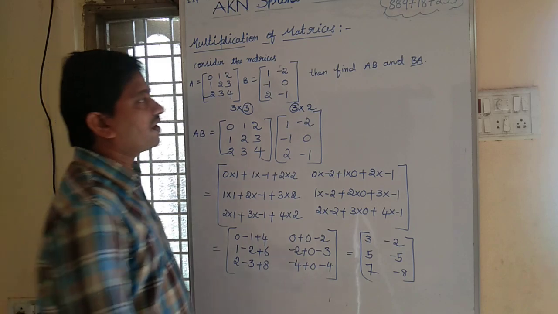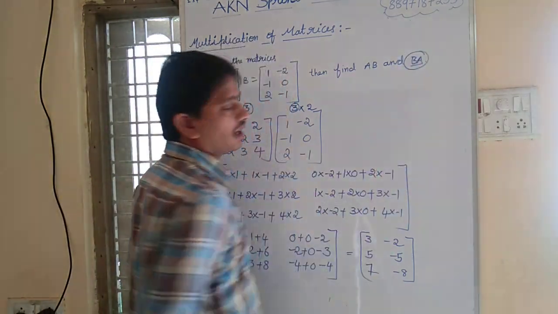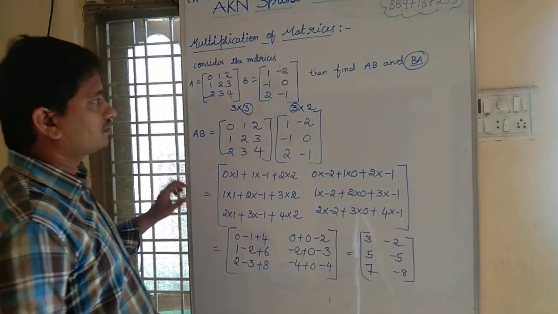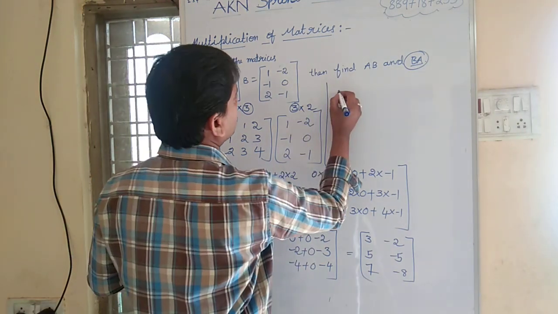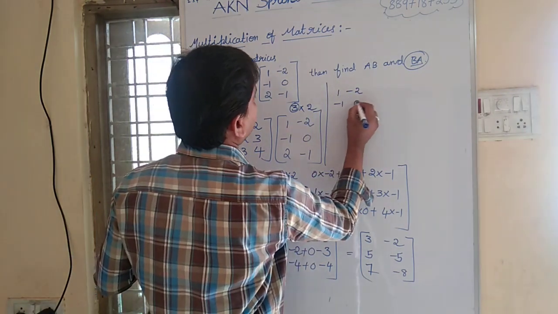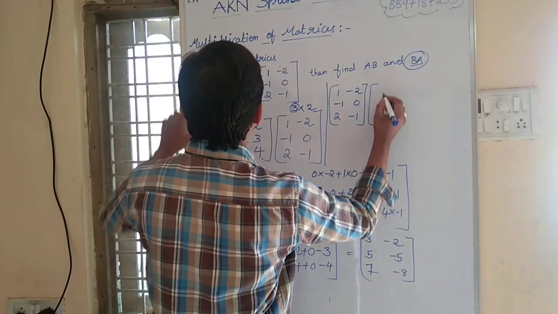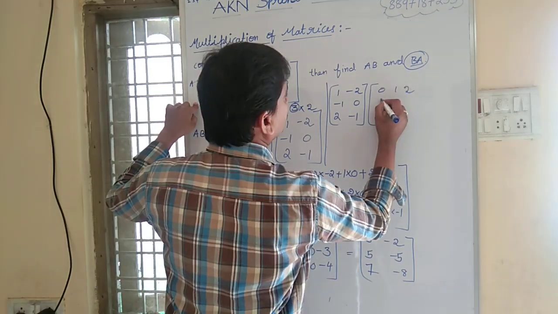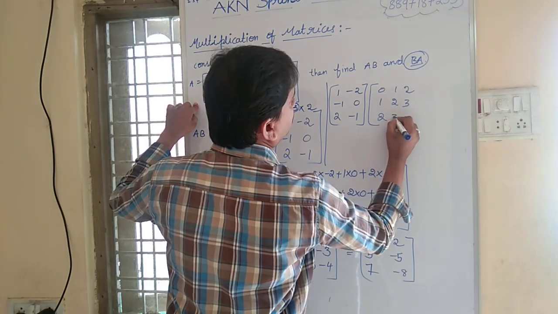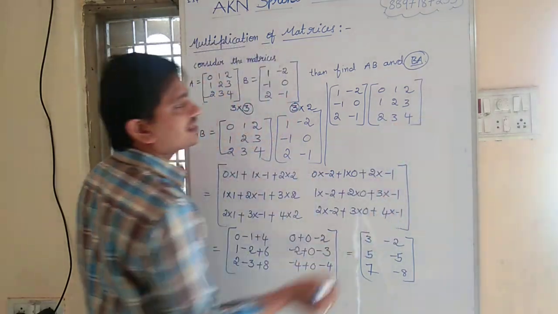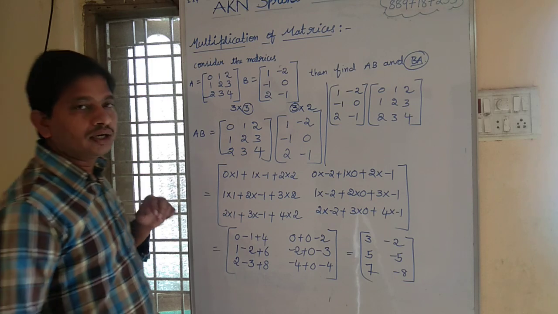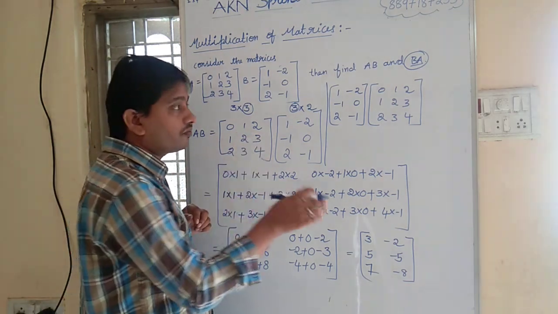Can we find BA, children? BA means what? B is 1, minus 2, minus 1, 0, 2, minus 1, and A means 0, 1, 2, 1, 2, 3, 2, 3, 4. Does BA exist? See, the number of columns of the first matrix.